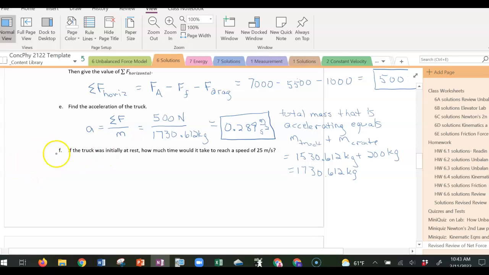So it says it was initially at rest, and so I know that the initial velocity was 0. It sounds like the final velocity is 25 meters per second. We just found the acceleration is 0.289, and we're looking for the amount of time. So that's my question mark.